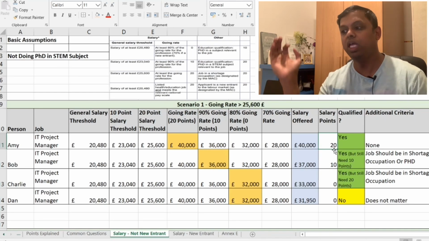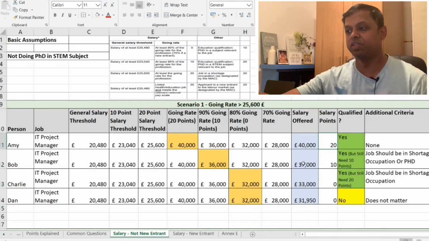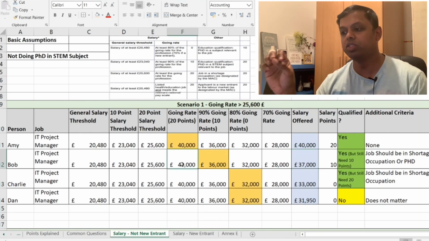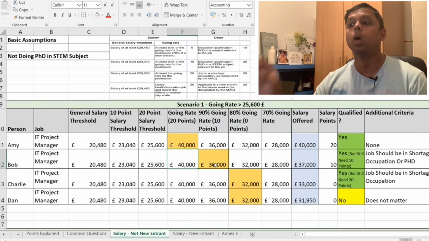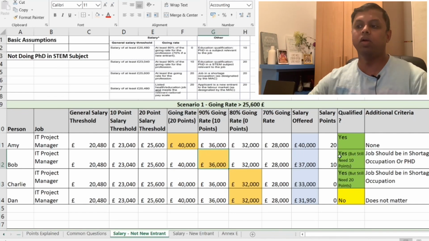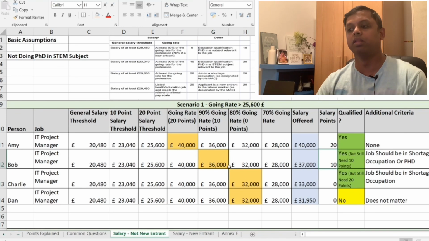Even if your job is in a shortage occupation, or you've done a PhD, nothing else matters because your salary does not meet the minimum requirement. Even though 31,950 is technically more than the 20-point fixed salary threshold of 25,600, it does not matter because the going rate is higher here, and the going rate is what determines your eligibility at this point. So your 31,950 in this scenario will not get you a qualification for the points-based system.